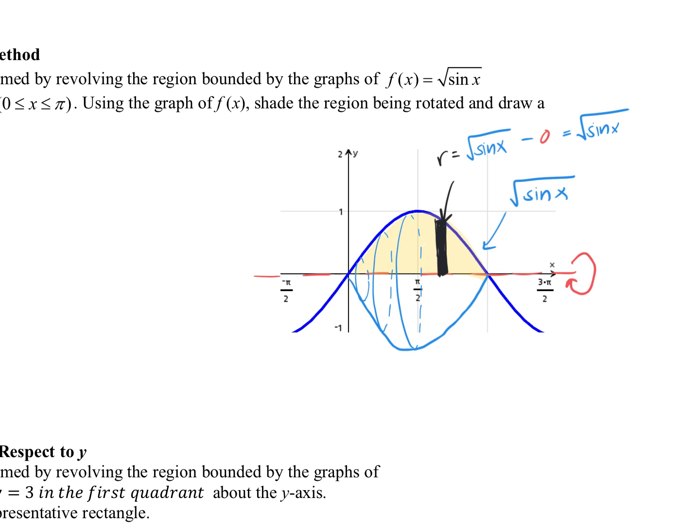So now our volume formula, generically, is pi times the integral from a to b of r of x squared dx. And r of x there is just my radius that I'm going to plug in.